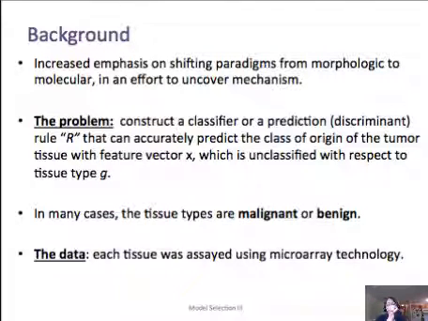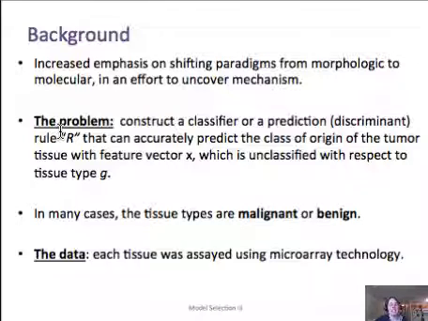That's an example of what the trends are becoming in biology. The problem we're facing then is to construct a classifier or prediction rule, R, that can accurately predict the class of origin of tumor tissue with a feature vector X, which is unclassified with respect to tissue type G. Okay, that's a pretty tall order.